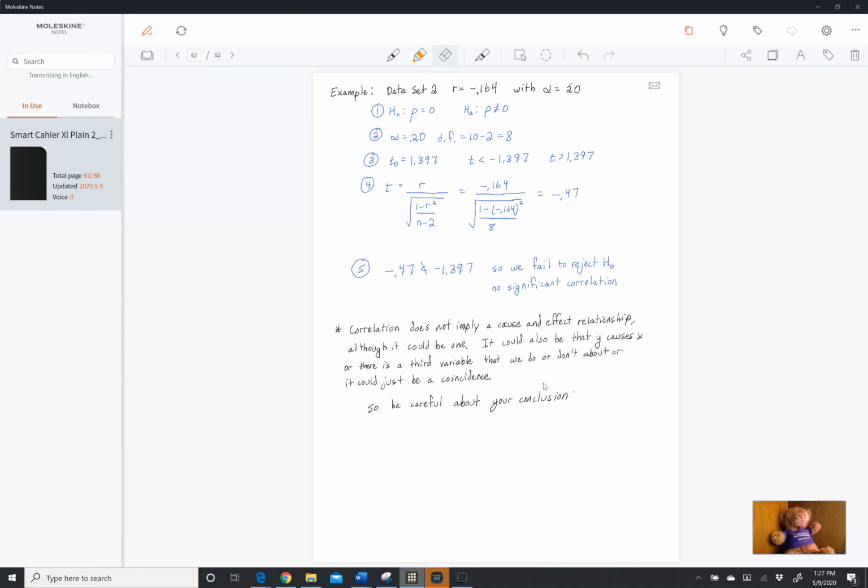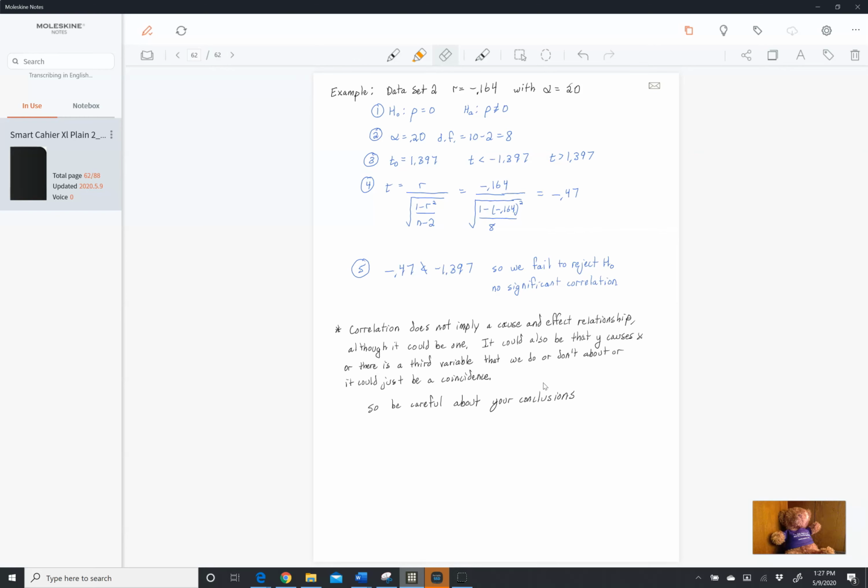Okay, and that's it. There was a lot of information here, but a lot of it is repeat, right? Essentially, you're looking at relationships. You can look at it graphically through a scatter plot. You can calculate this correlation coefficient that we have, which takes more time and is usually done using technology.